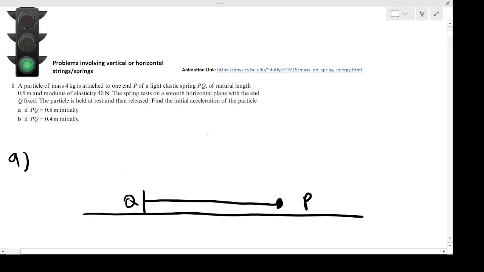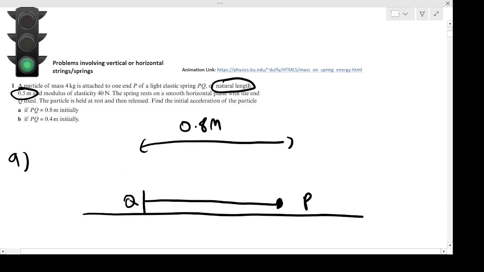Now, the best thing to do is to consider the lengths first. I'm told that PQ is 0.8, so from Q to P is 0.8. In other words, that's the total length of the string. But I'm also told the natural length is 0.5, the original length before we add anything onto the string.